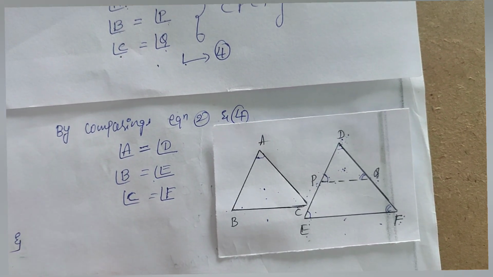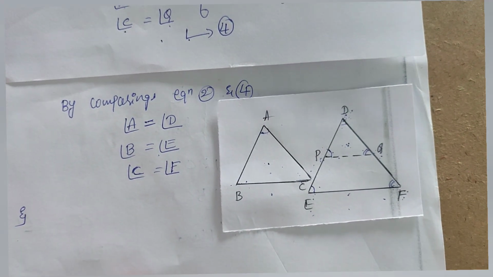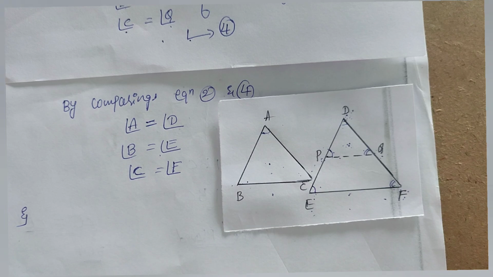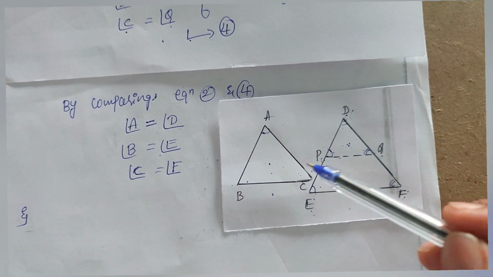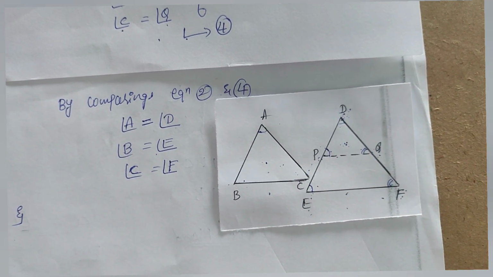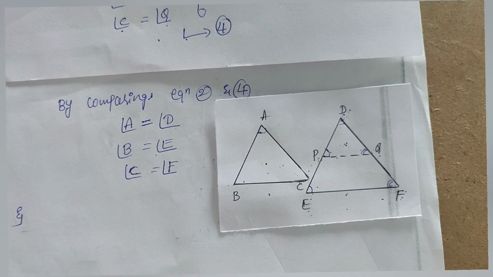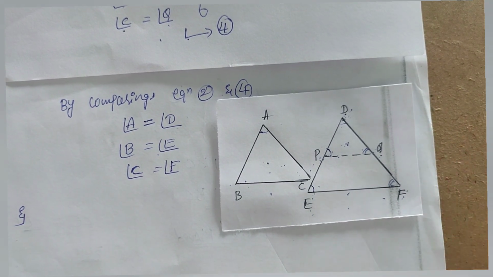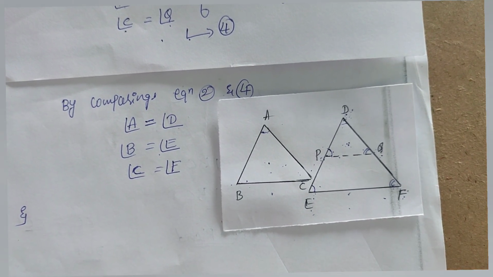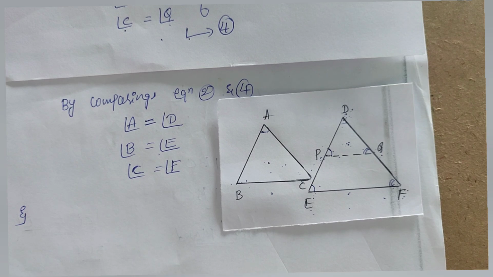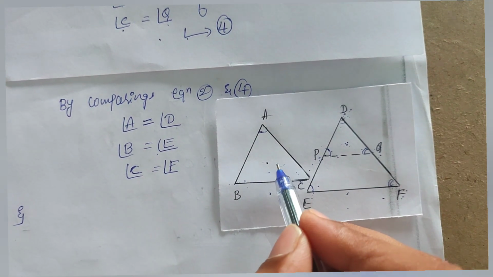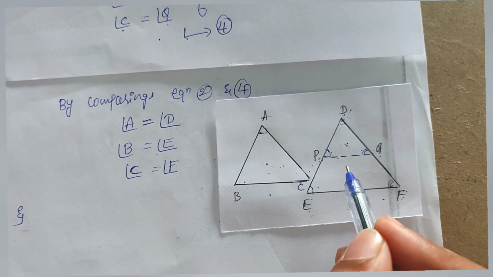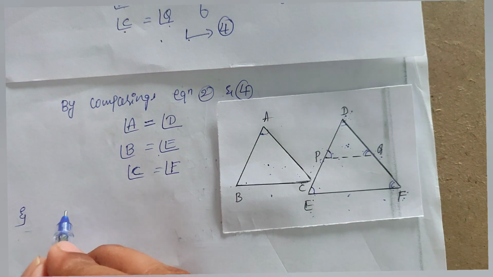And also we have the second part, the second point. We have to prove these two triangles are similar, that is, triangle ABC similar to triangle DEF. I forgot to write that in the second point to prove. You can make it there. So we have to prove triangle ABC similar to triangle DEF.